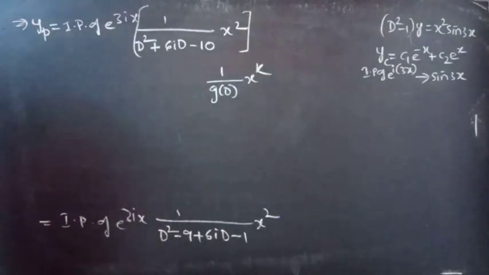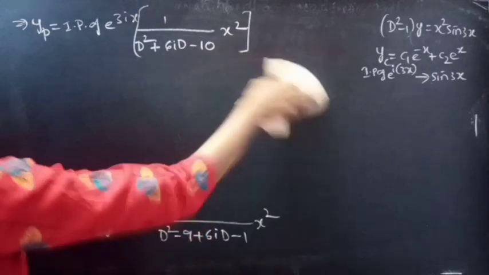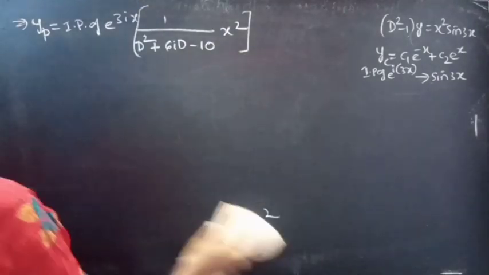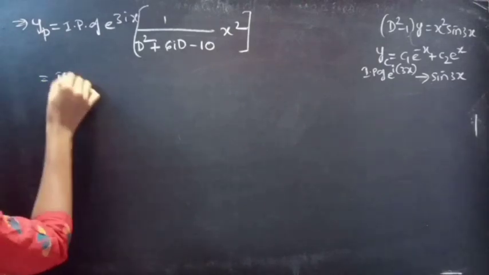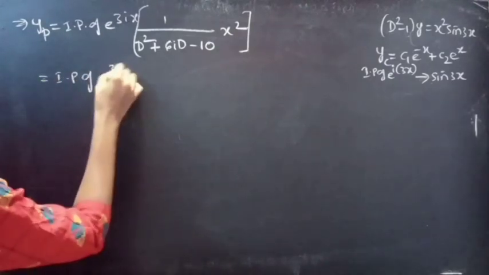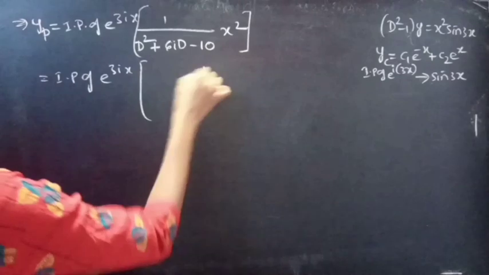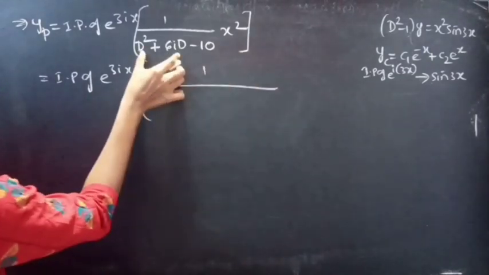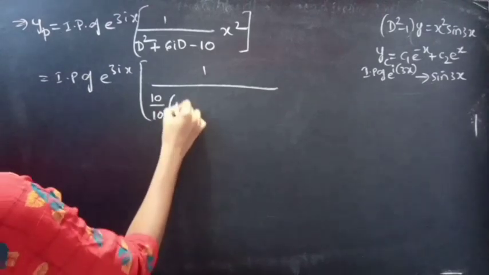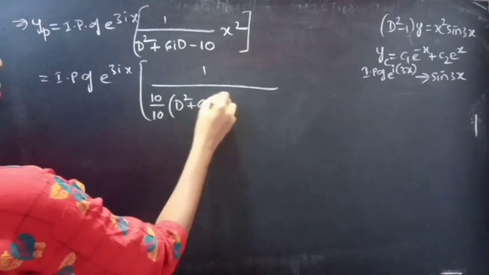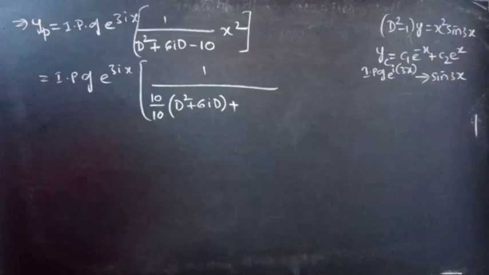Now take the lowest degree term common from all three terms of the denominator: equals the imaginary part of e^(3ix) into 1 by, see, in the first two terms we don't have 10, so what we'll do is multiply and divide by 10 in the first two terms, because in the next term it will be easy to take common, right?